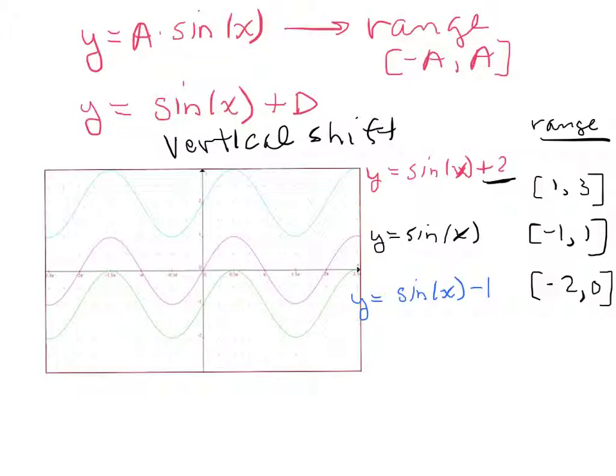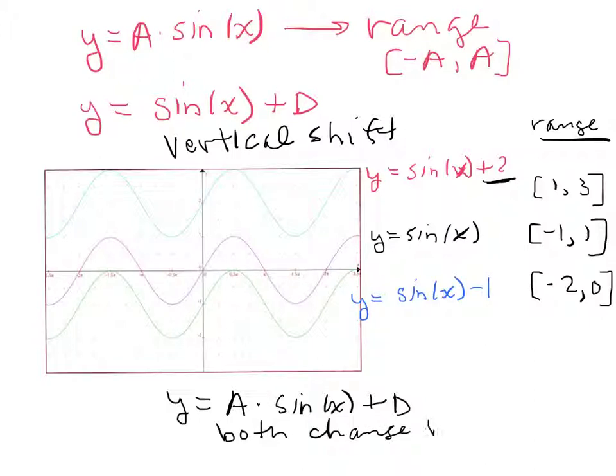So to kind of just summarize a little bit here, if we take these two actions, a times the sine of x plus d, both of these are going to change the range. So what we'll do next is look at things that change the domain, or not really to change the domain, because the domain is going to remain all reals, but have an effect on the domain.